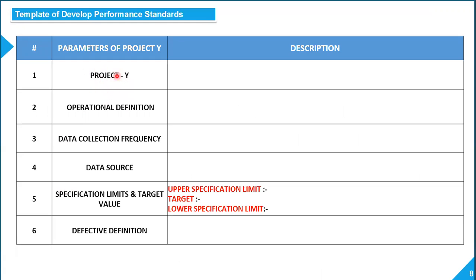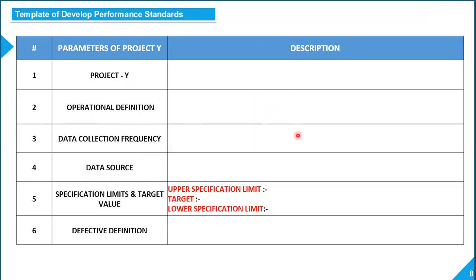First is project Y, second is the operational definition of project Y, then data collection frequency, how frequently we are collecting the data of Y, and data source, the source of data collection for Y. Then specification limits and target value: here you can see upper specification limit, target, and lower specification limit. And finally, the defective definition, where we can describe this. So this is the template we have.